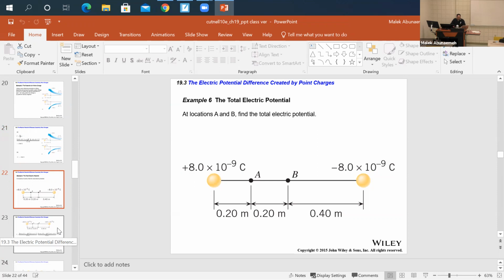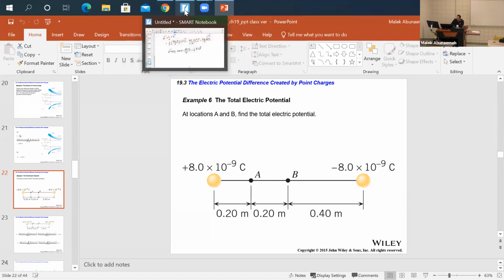Here's another question. All right, let's go ahead and solve this. So you need to find the electric potential at locations A and B. So we need VA and VB. Let's go ahead and write this down.